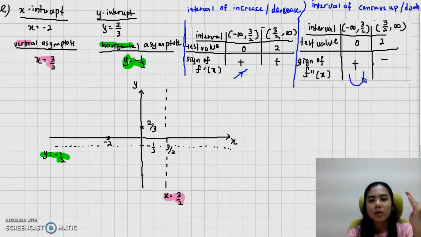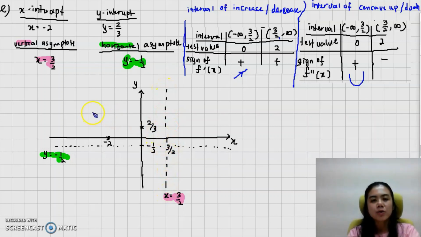So we're going to use your common sense. We're talking about the interval from negative infinity until the positive 3 over 2 here. So you have these two regions, and you just observe this one as a borderline.